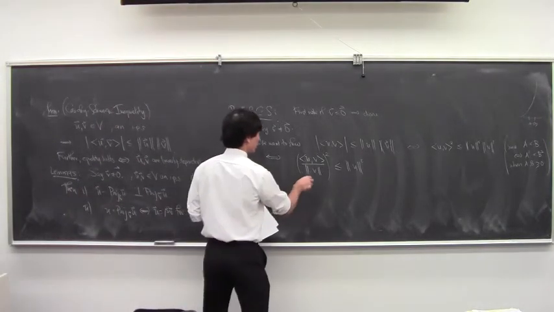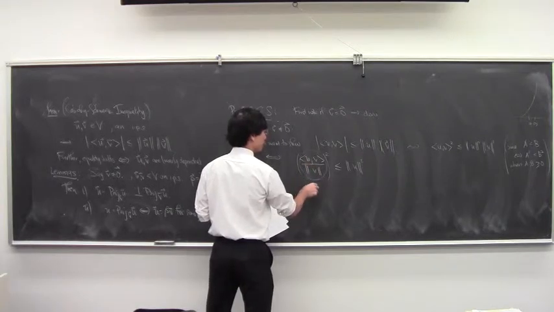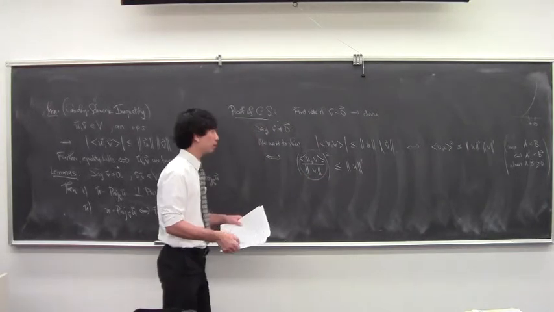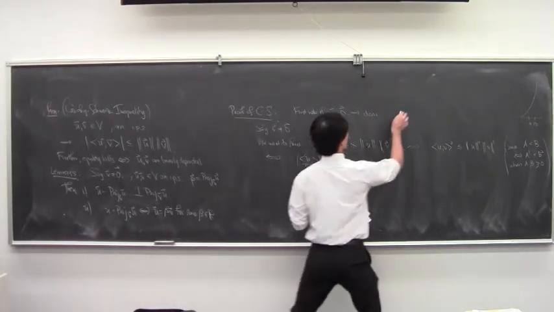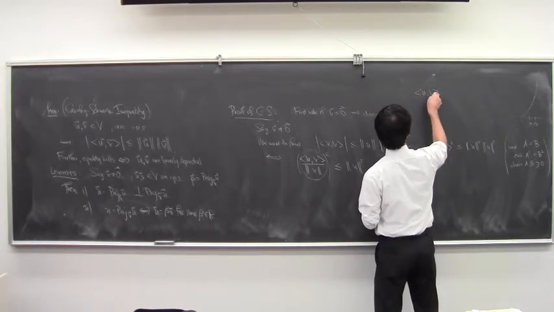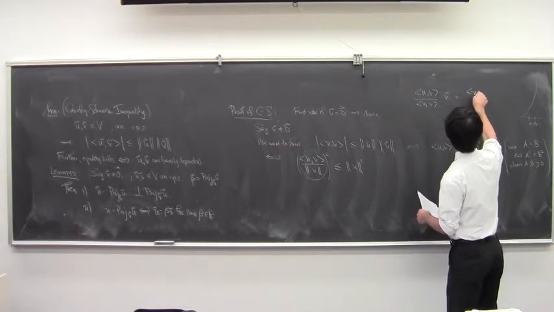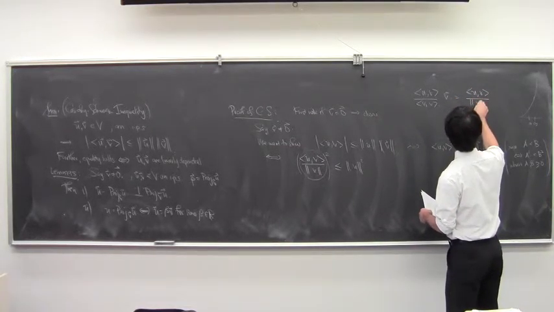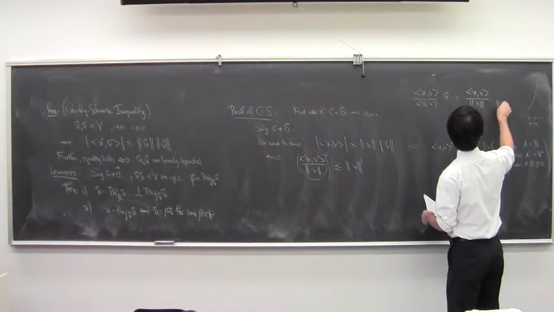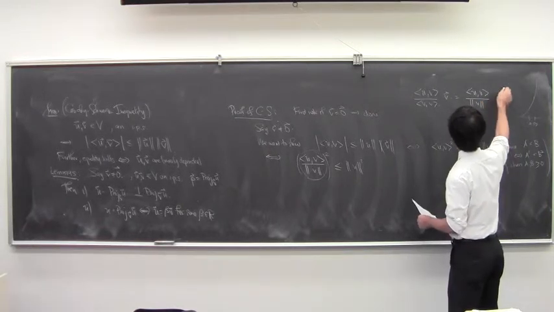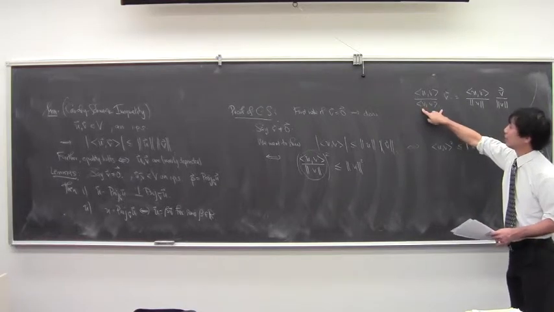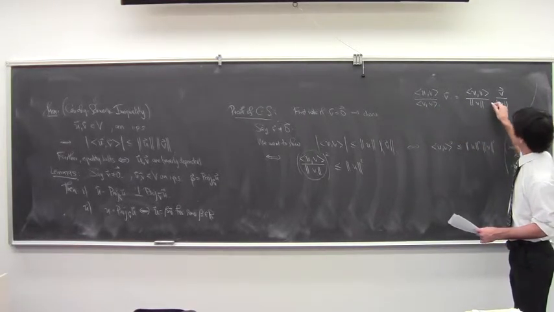Right? But look at what this thing is. This thing is the magnitude of the projection. Remember what the projection was: the projection of u onto v is (u·v) over the magnitude of v squared, times v.